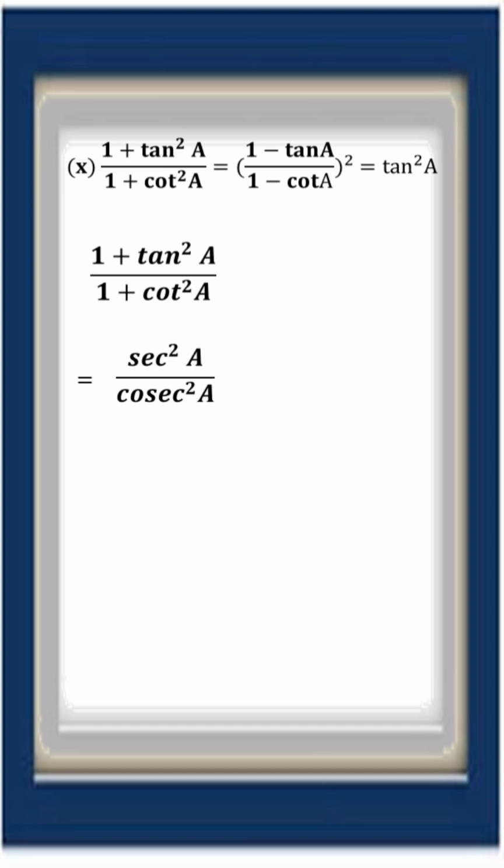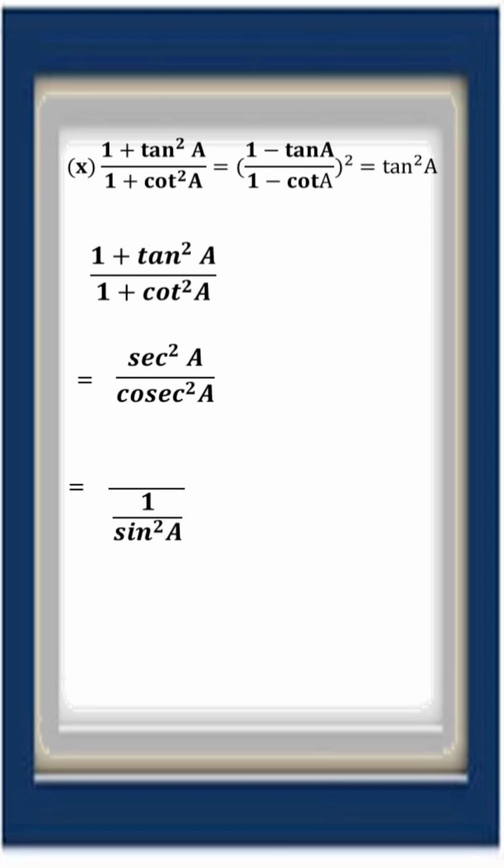Now let us convert both numerator and denominator into sin and cos ratios. So that is equal to 1 upon... cosecant square A is equal to 1 upon sin square A in the denominator.